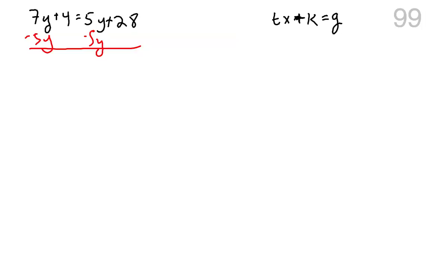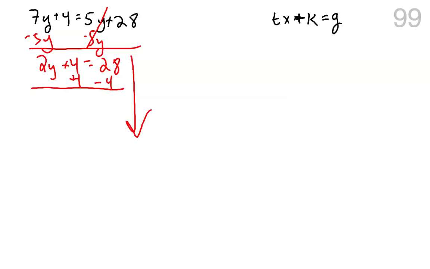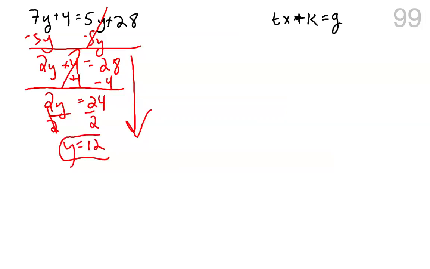Now, remember the importance of showing work. 7y's minus 5y's is 2y plus 4 equals 28. And now it looks just like a standard two-stepper. Plus 4 becomes minus 4, because I want that letter all by itself. 2y equals 24. Divide by 2. y is 12.